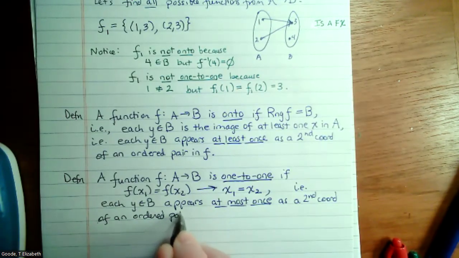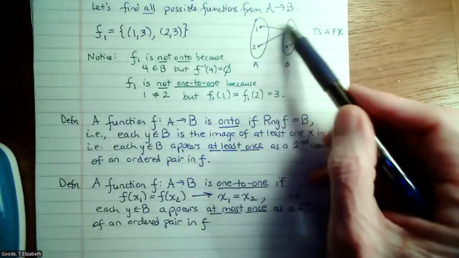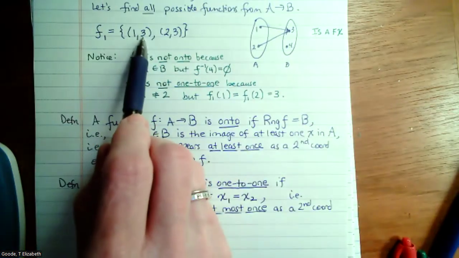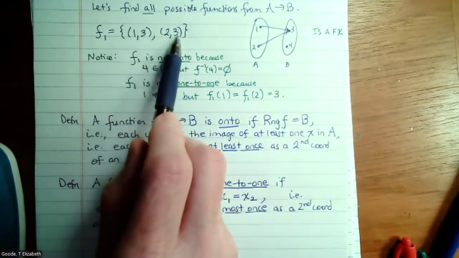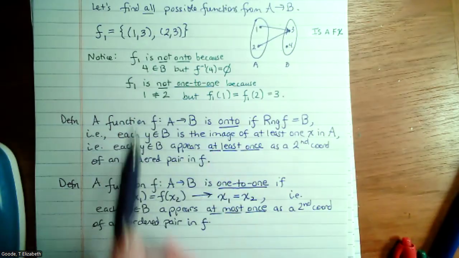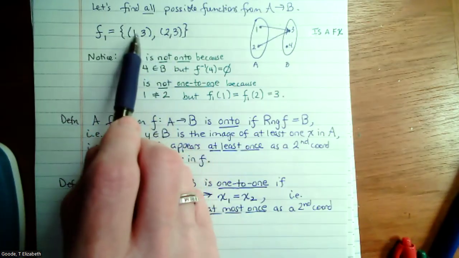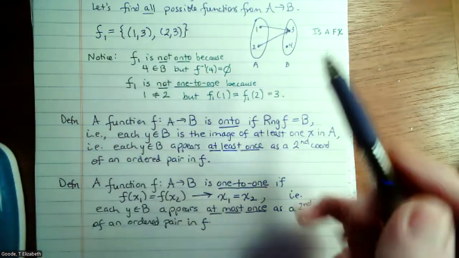And in this first example here, 3 appears more than once as a second coordinate. In other words, f of 1 is equal to f of 2 because f of 1 is 3 and f of 2 is 3, right?